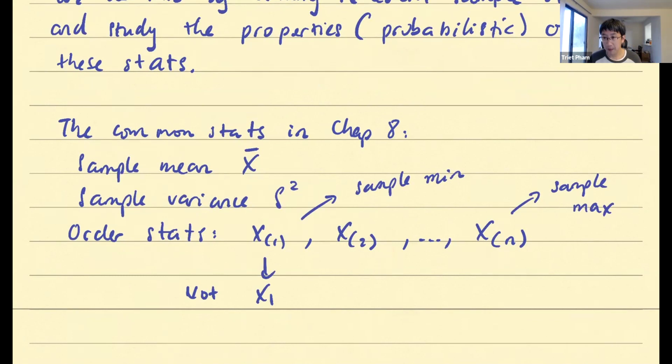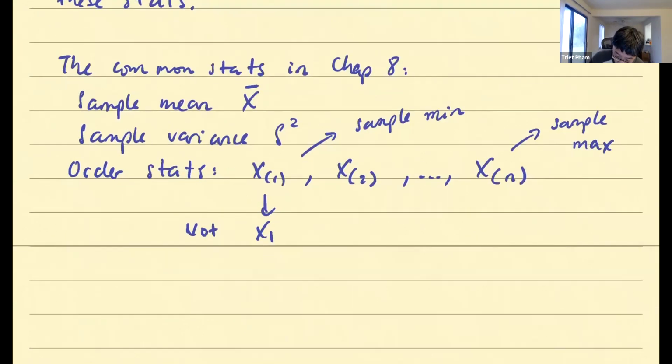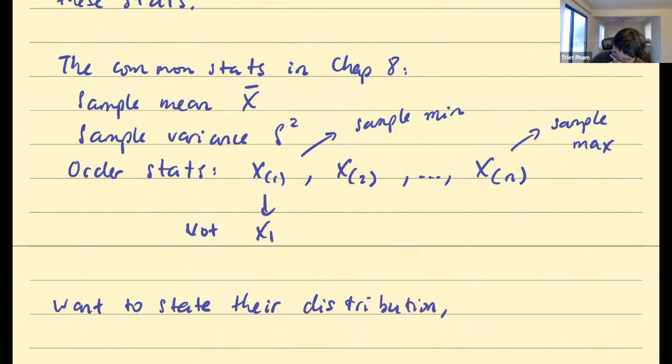Okay, so the point is these guys are random variables. What we want to do is state their distribution, if possible. Well, by possible here, I mean possible and convenient, okay?